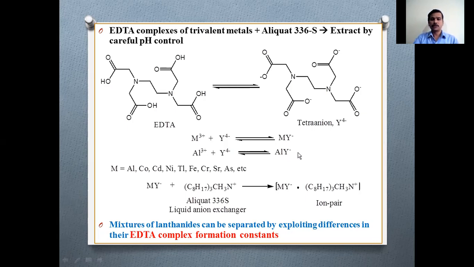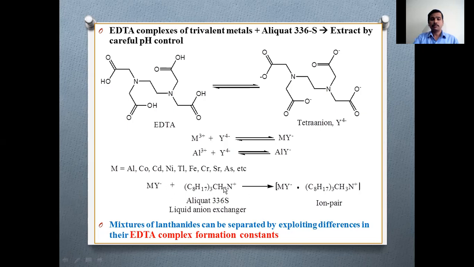This is negatively charged. So you take Aliquat 336S, this is a liquid and this is an anion exchanger. The anion of this Aliquat 336S is chloride. So in place of the chloride of Aliquat 336S, the anion of the metal EDTA complex will be placed.